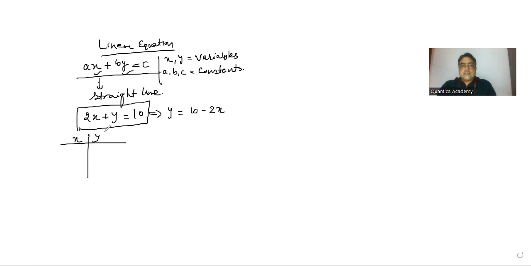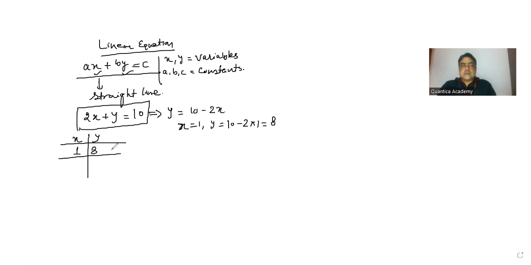If we take the value of x as 1, the value of y will be 10 minus 2 into 1, that is 8.